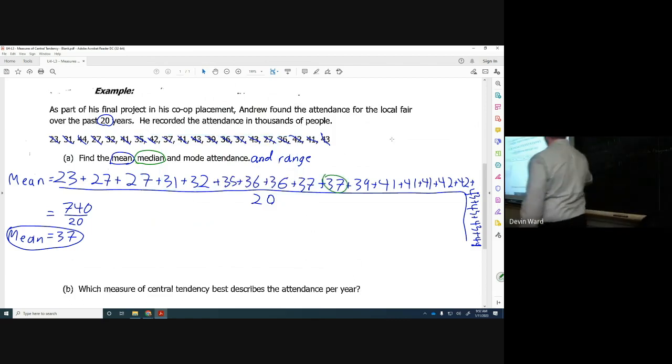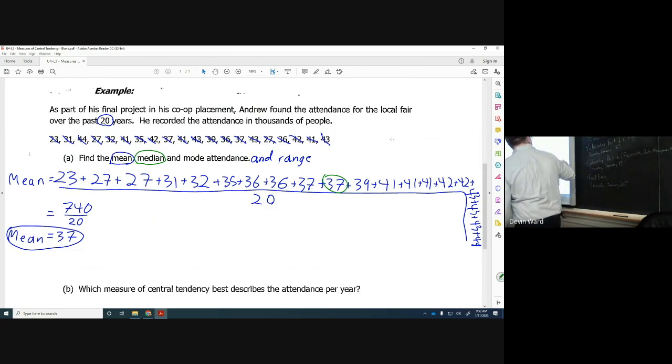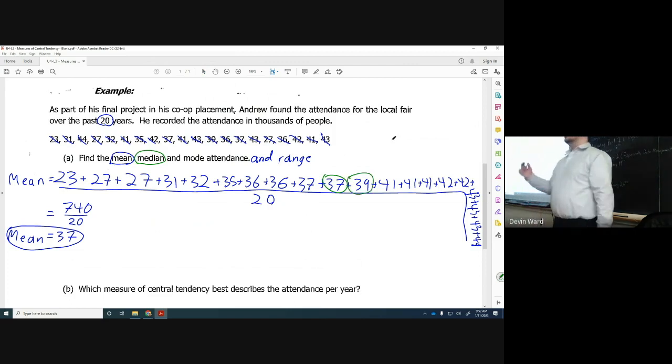Let's count from the other side. 1, 2, 3, 4, 5, 6, 7, 8, 9, 10. Whenever you have an even number, you take the two middle numbers, add them up and divide by 2. If you have an odd number, it's just going to be the middle number.